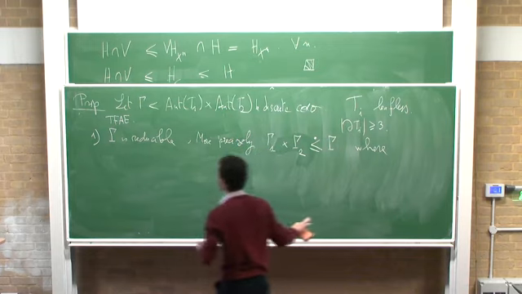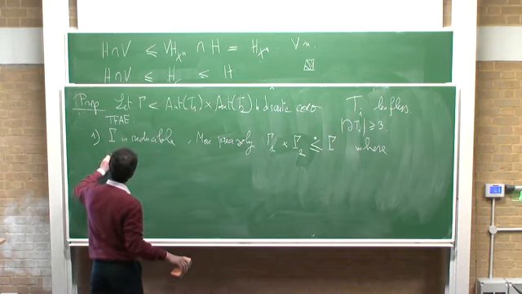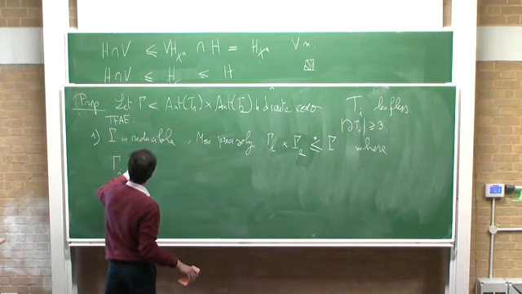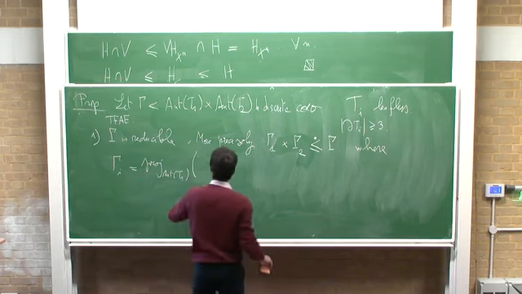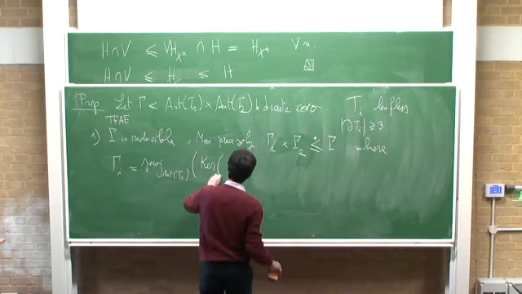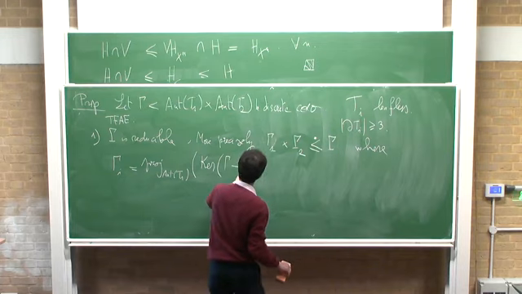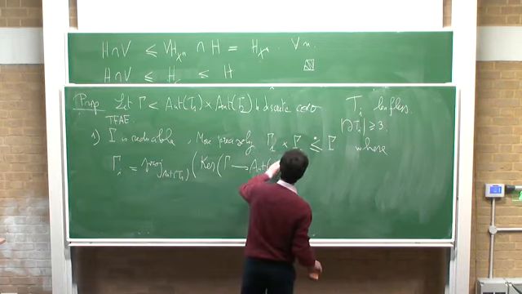Okay, so if I want to be correct, I think I have to write that gamma i is the projection on both of the kernel of the action of gamma on the other.